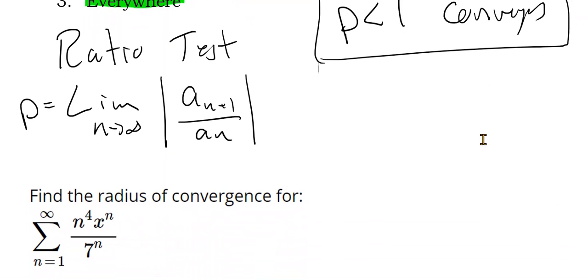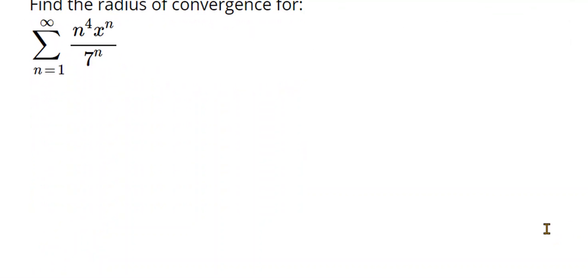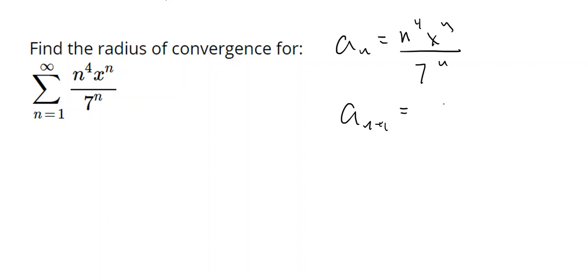So let's do an example. Find the radius of convergence for this particular series. Okay, so we will let this be equal to a sub n. A sub n is going to be n to the fourth, x to the n, over 7 to the n. That means a sub n plus 1 is going to be n plus 1 to the fourth, x to the n plus 1, all over 7 to the n plus 1.